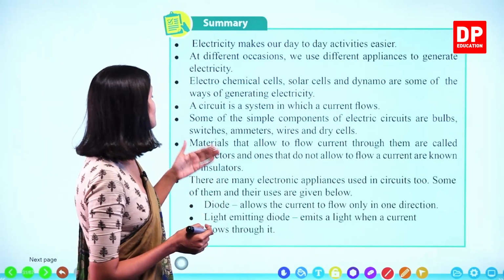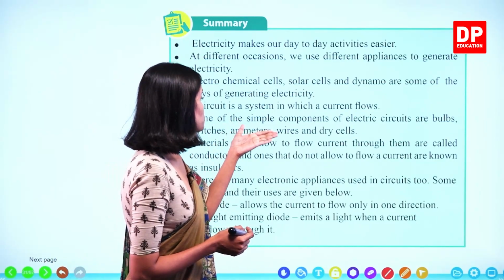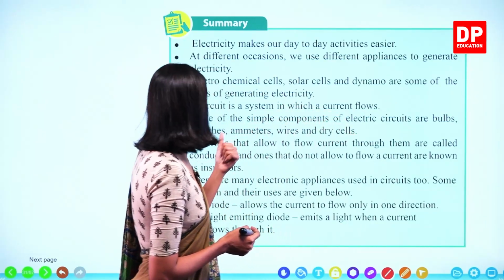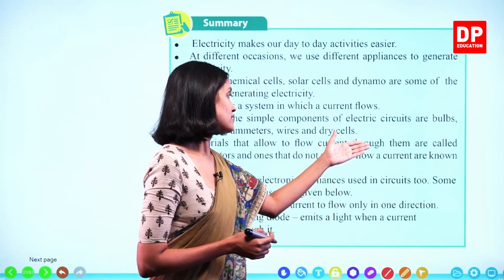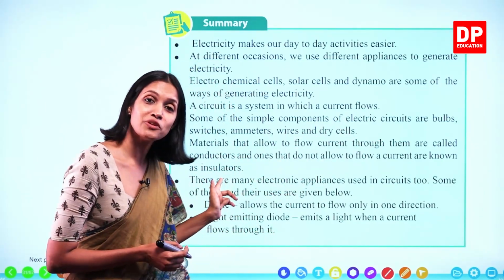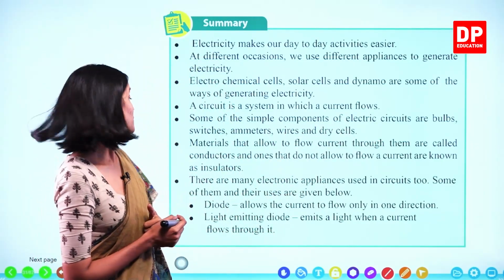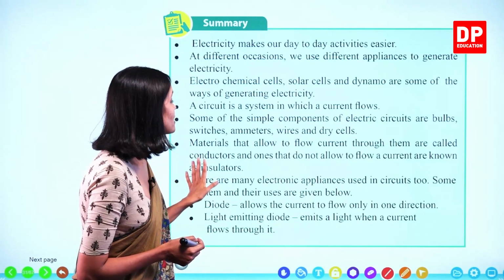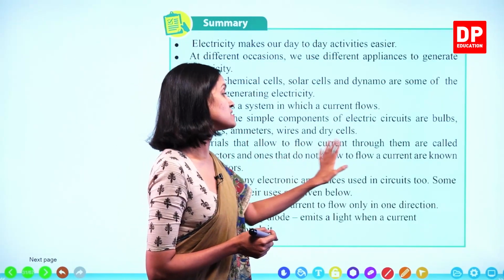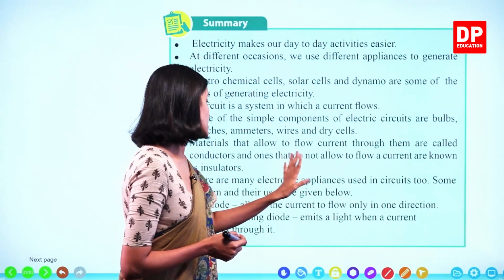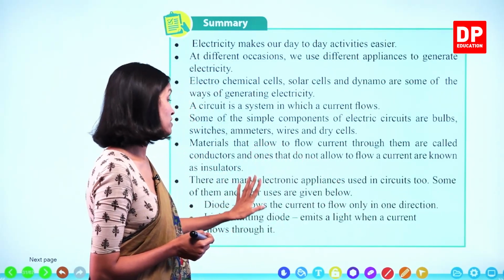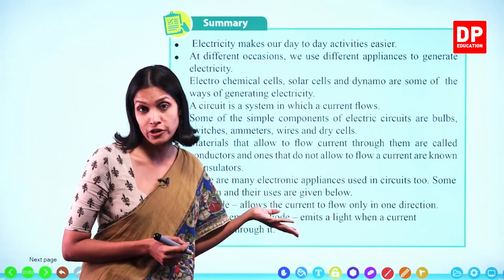Right, children? Materials that allow current to flow through them are called conductors, and ones that do not allow current to flow are known as, what is the name? Insulators. There are many electronic appliances used in circuits too. Some of them and their uses are given below. We learned about different types of electronic components as well.